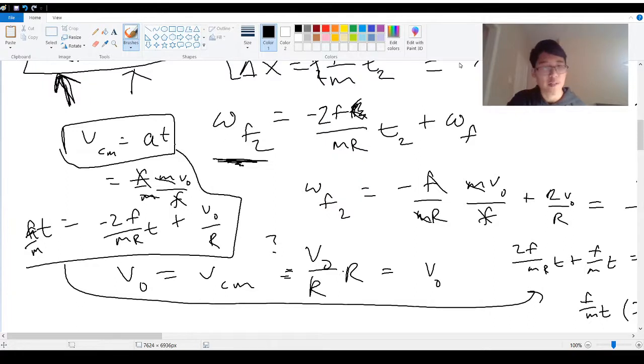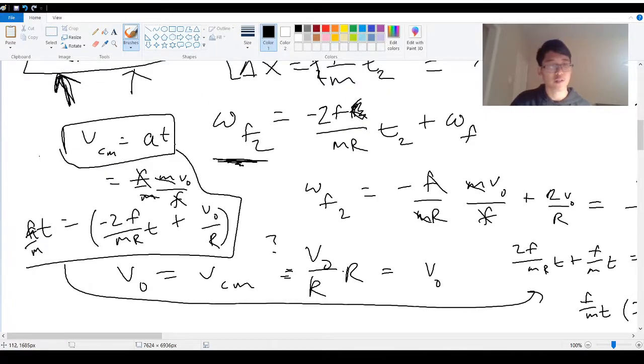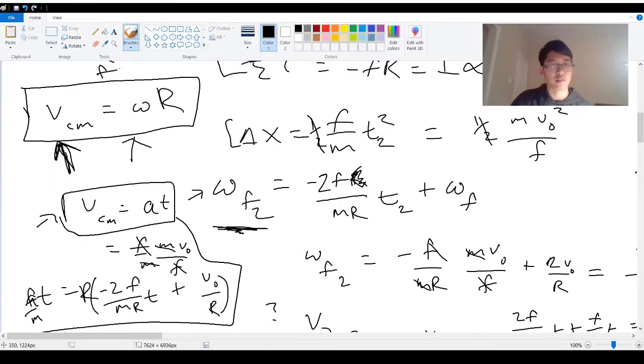Actually, pause real quick. I think I made a little mistake right here. When I first made this equation, where I plugged in the velocity of center of mass and plugged in the omega using this equation and this equation, I forgot to multiply this by R, because there's an R in this equation.